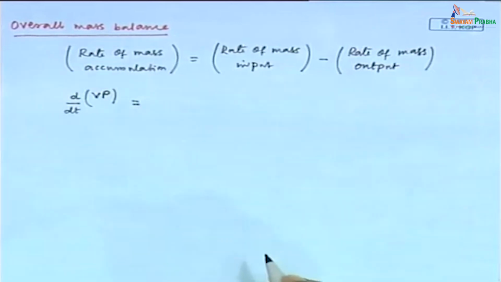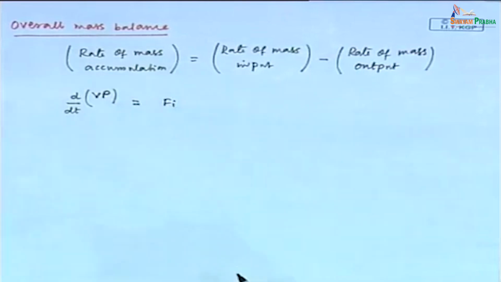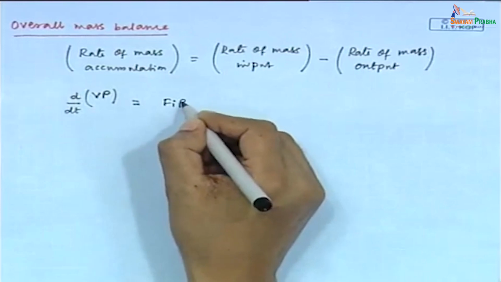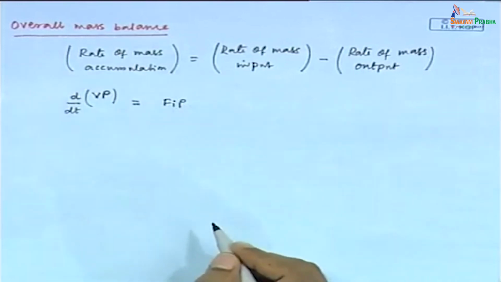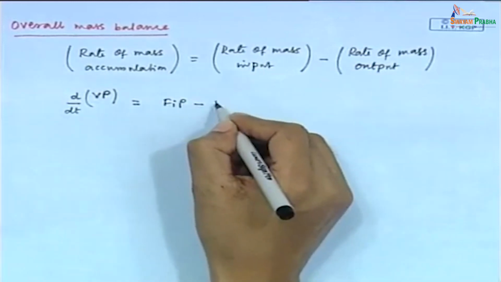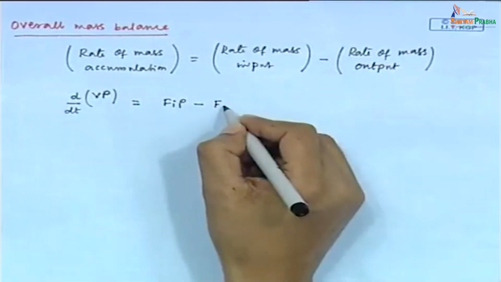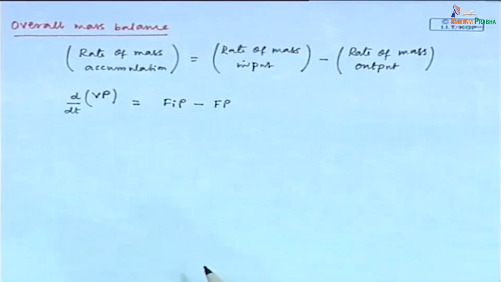Now, the rate of mass input to the system is basically Fi, but we know that Fi is the volumetric flow rate, so we have to multiply with rho. So Fi multiplied by rho is the input mass rate. Similarly, the output volumetric flow rate is F, and if we multiply with rho, this is the output rate.